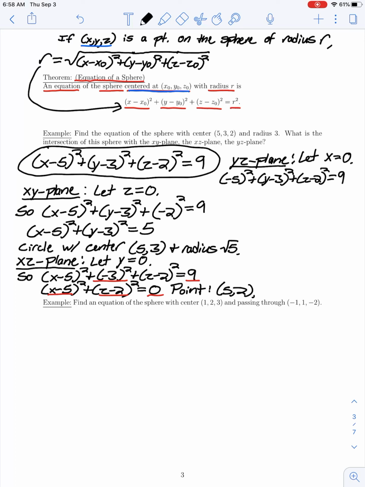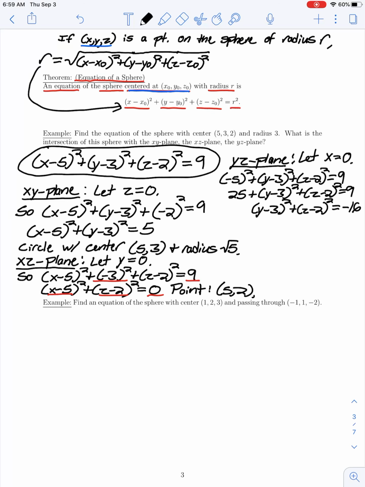So simplifying a little bit, we've got 25 + (y - 3)² + (z - 2)² = 9.